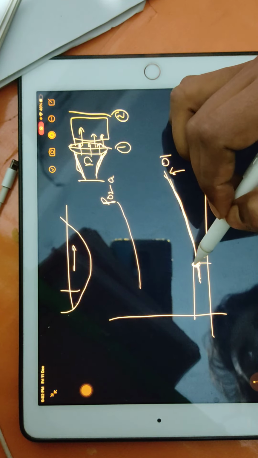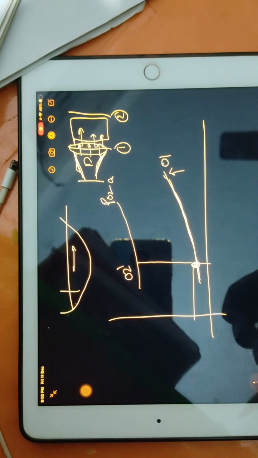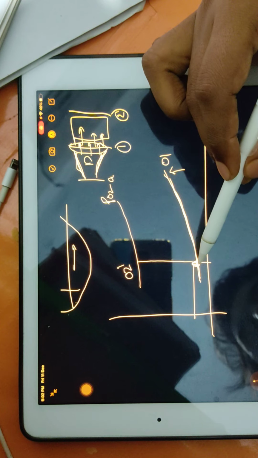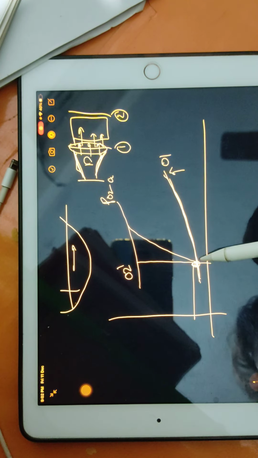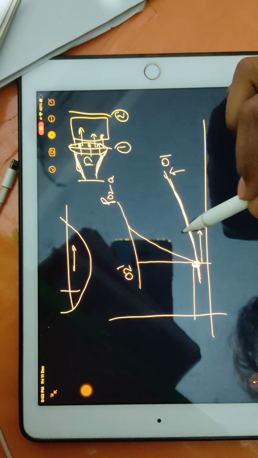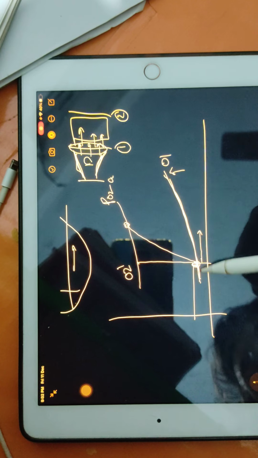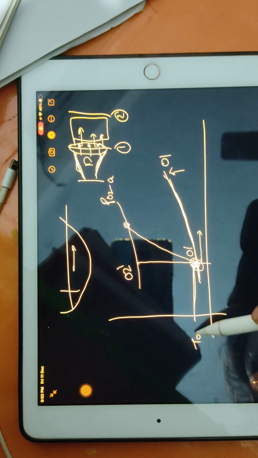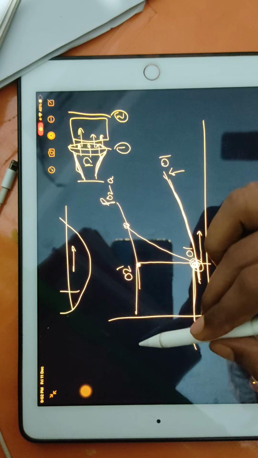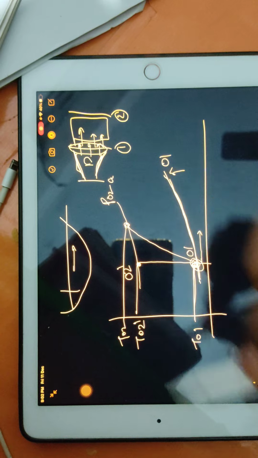If this is done ideally, then you will reach this point and call it 0 dash, because it is ideal. But the compressor can never be ideal, so it will reach here, because your entropy will change. So you have to take this entropy point. With respect to this point, which is 0,1, this temperature will be T01. With respect to this point, this temperature will be T02 dash, and with this point T02.